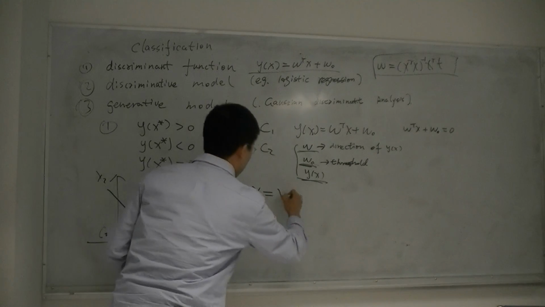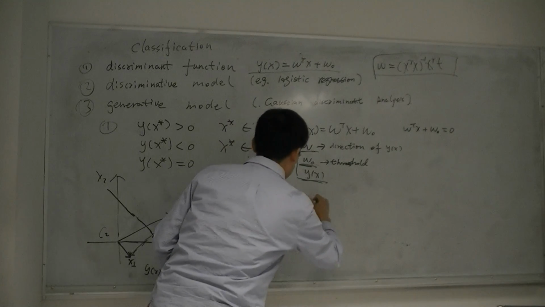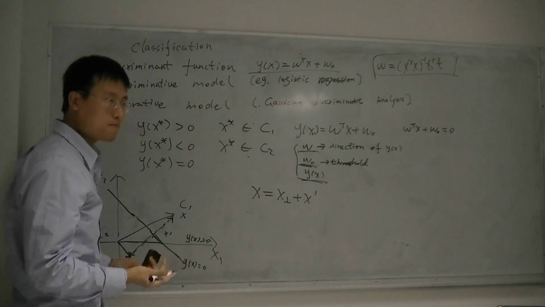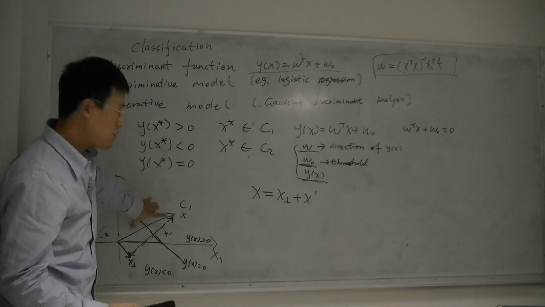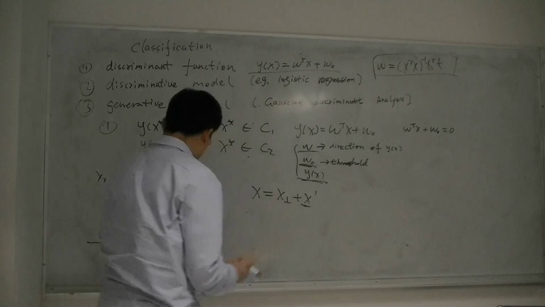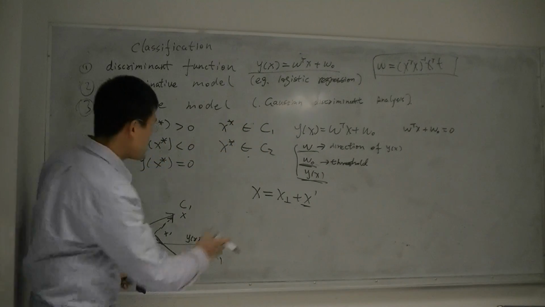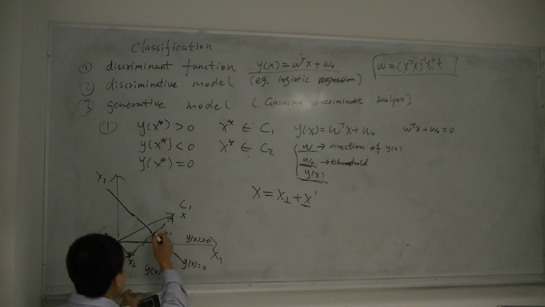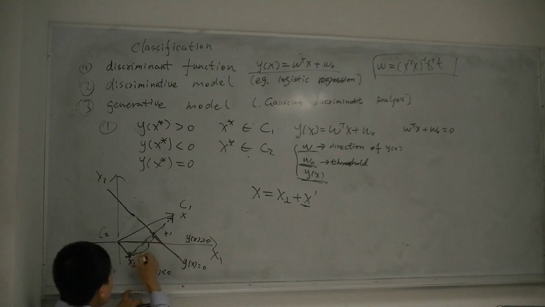So x equals x perpendicular plus x prime, right? What's x prime here? We can decompose x prime into two components. Suppose this length is R1 and the length of this part is R2.